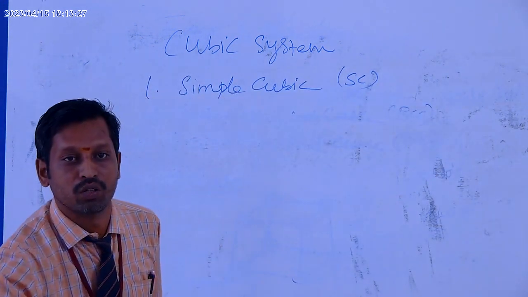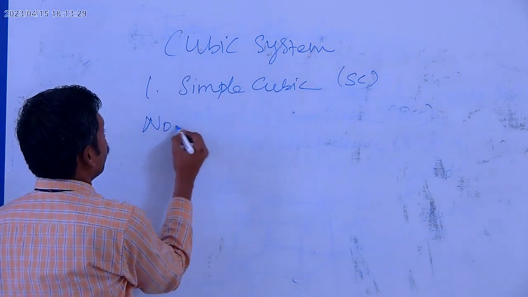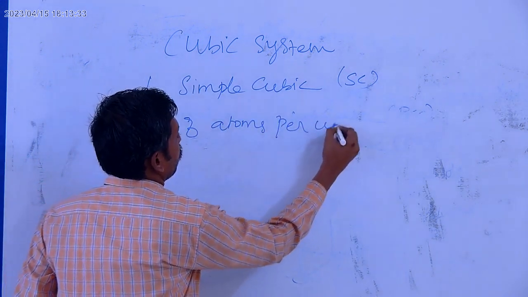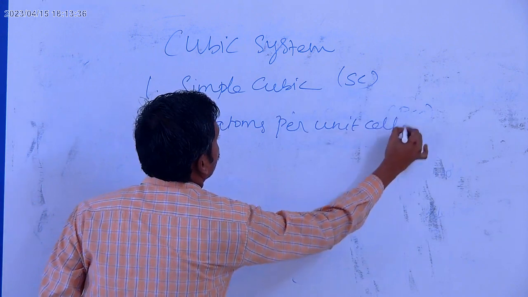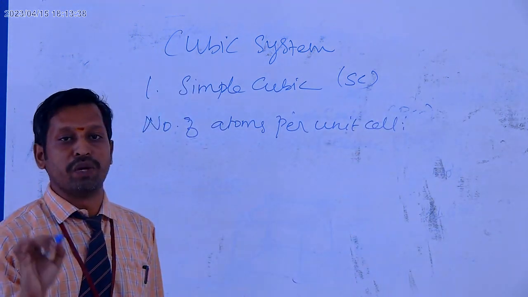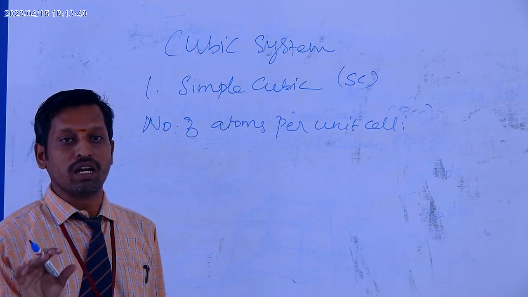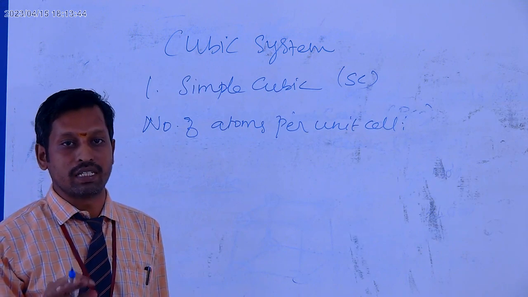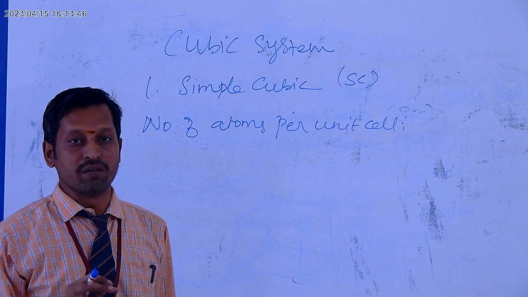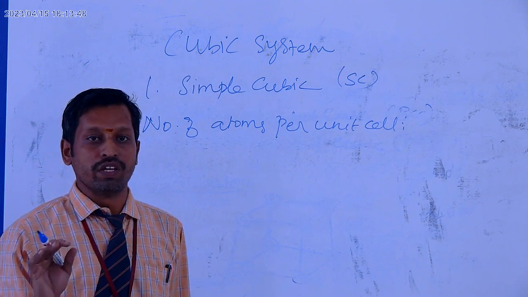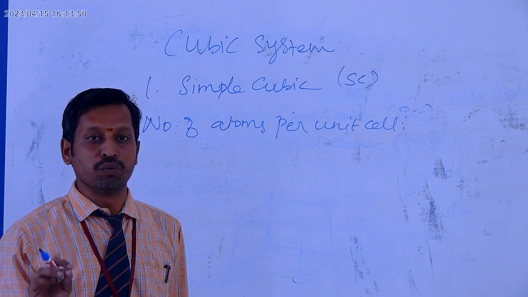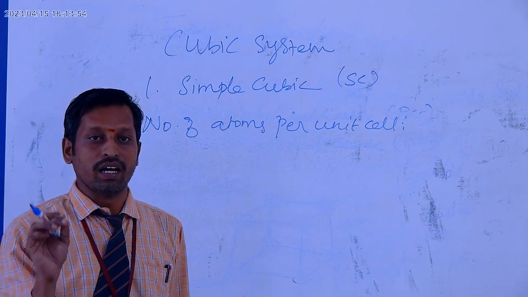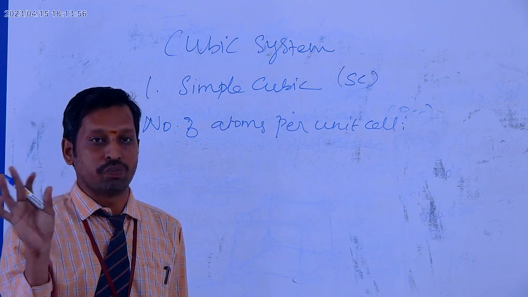first we are going to see number of atoms per unit cell. So what is meant by number of atoms per unit cell? The total number of atoms present or shared by one unit cell is called the number of atoms per unit cell. So we all know that in simple cubic structure, there are 8 corners. At each corner one atom is present.